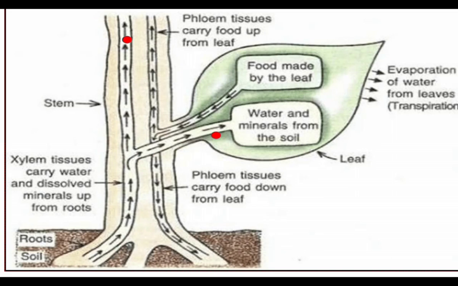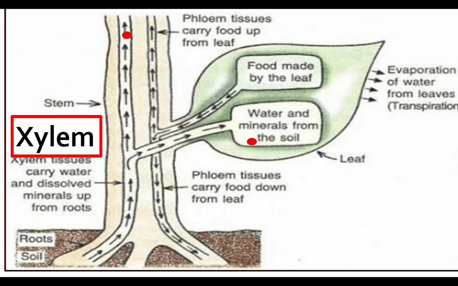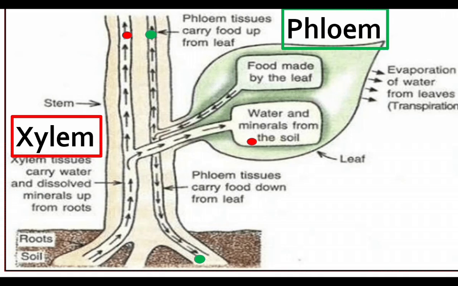This water is transported from root to the leaves through the xylem elements. Leaves prepare food material by photosynthesis. The prepared food materials are transported from leaves to the needed areas through phloem elements. Xylem and phloem are the transporting elements in a plant.